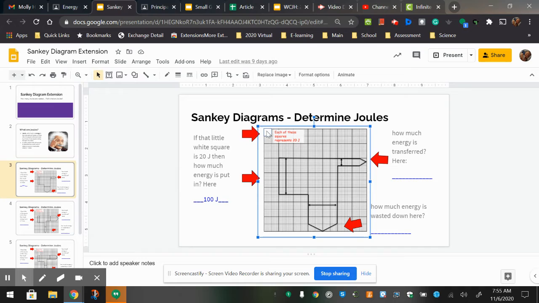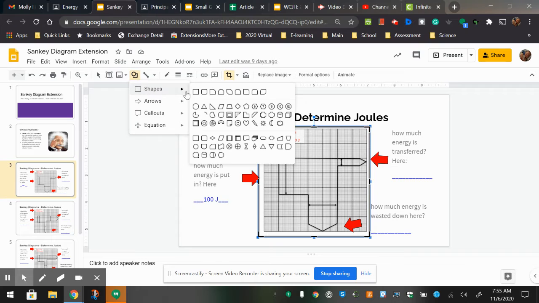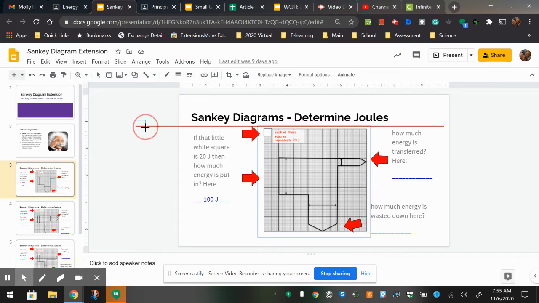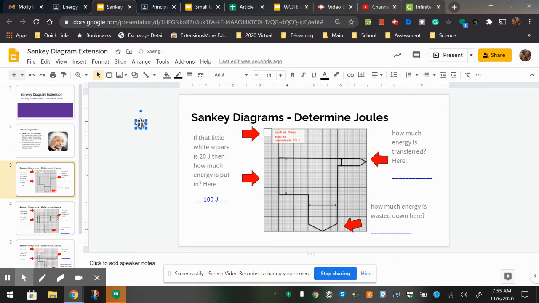So if I have this little square right here, okay, and I'm going to make a separate square so that we can kind of see what I'm talking about here. So if I do this, this is going to get about that size. It's a little big, hard to maneuver.